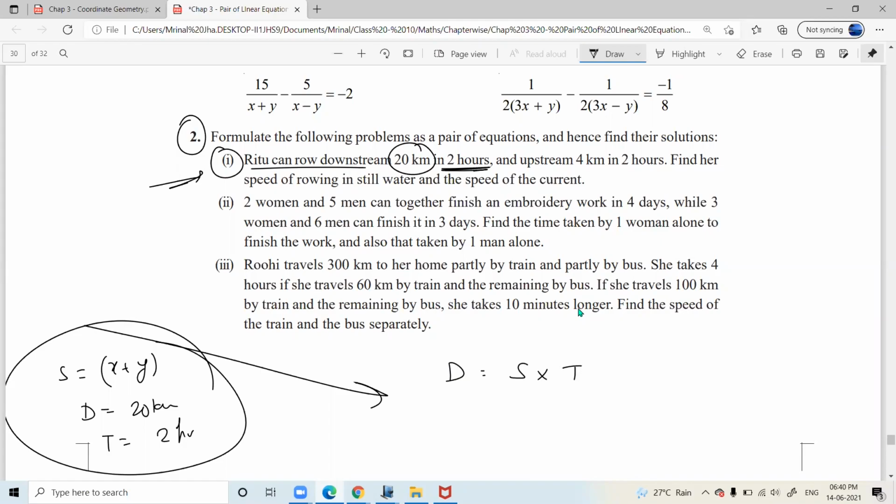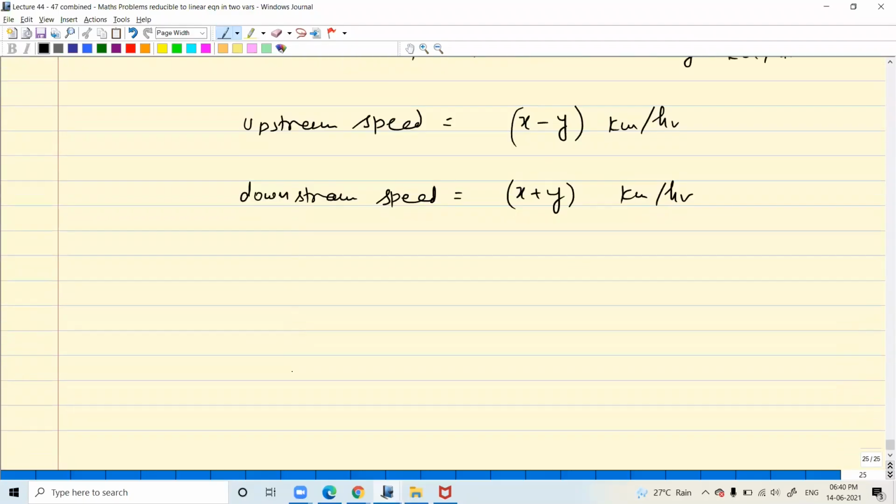So we know that the speed is x plus y, the downstream speed, multiplied by the time 2 hours, will be equal to the distance. Distance was 20. Okay, so let me write it as case 1.